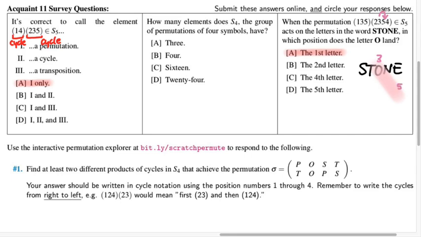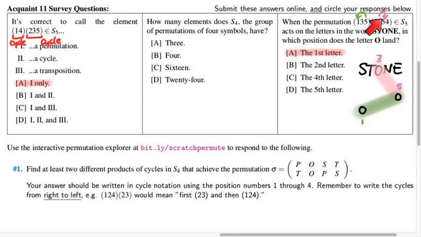And then if you look at the next cycle, 5 goes to 1. So then in the first cycle that's written here, 5 wraps back around to 1. And so this fifth position in the second step is going to end up in the first position at the end. So that's the quick way of tracing what happens here.